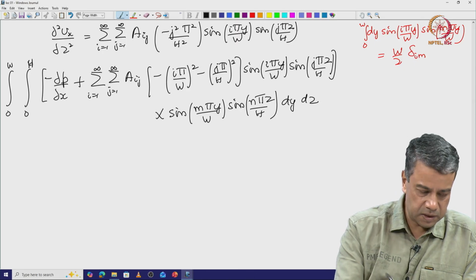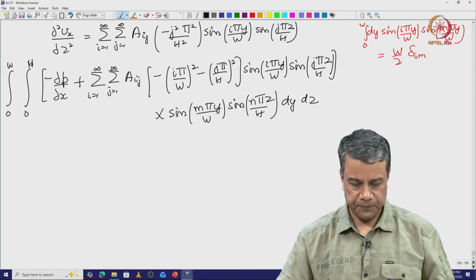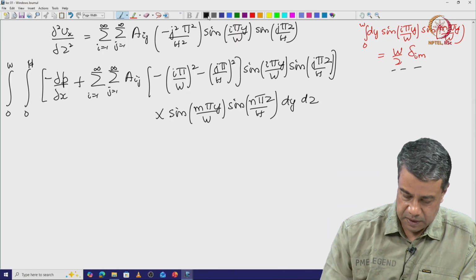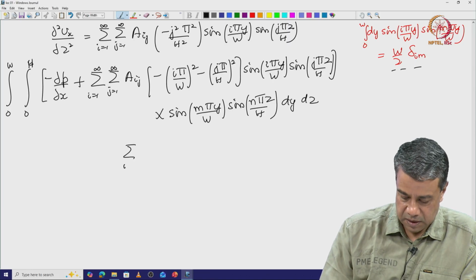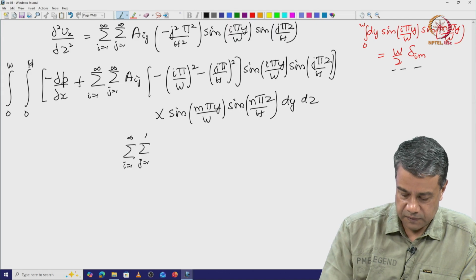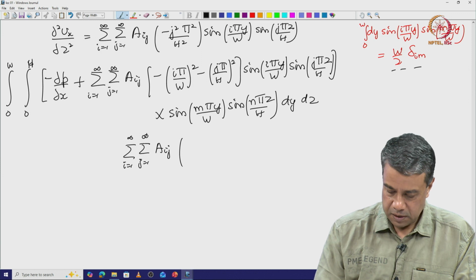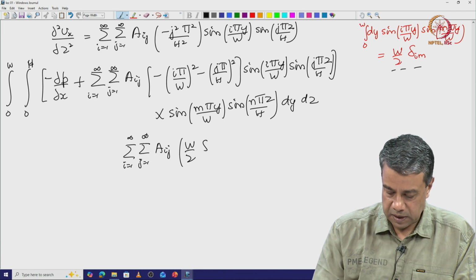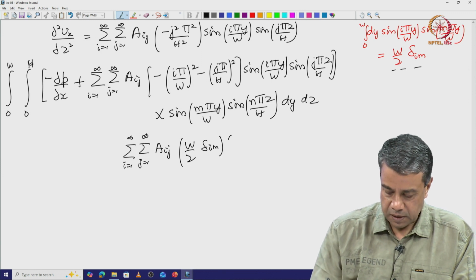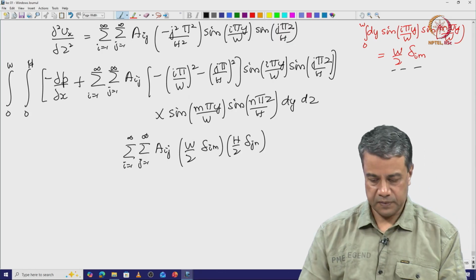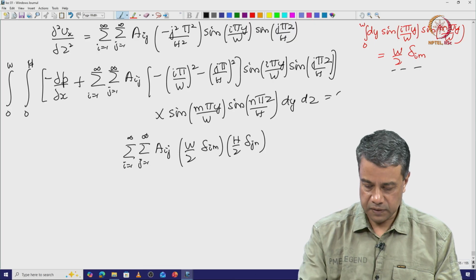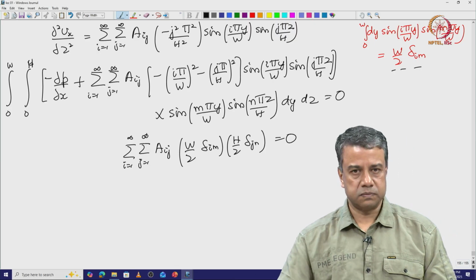Integral over both the y and the z coordinates. So, I will get the second term in this, summation i equal to 1 to infinity, summation j equal to 1 to infinity aij, w by 2 delta im into h by 2 delta jn. This whole thing, if you recall, on the right side was equal to 0.